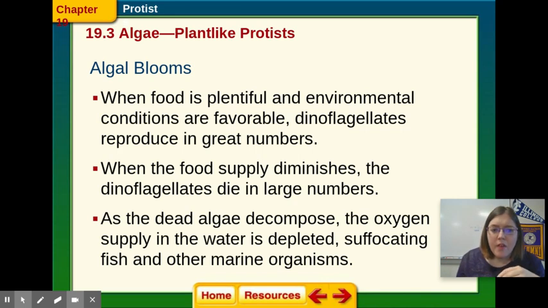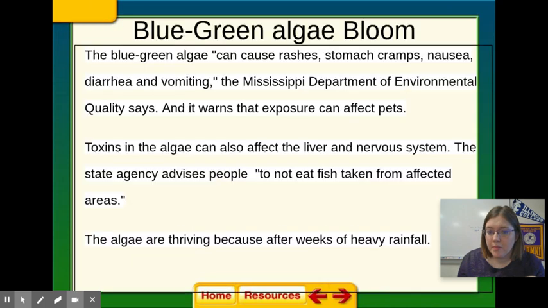And so really what happens is the food all of a sudden diminishes, or the conditions get too harsh, and all of a sudden a large number die. And so these dinoflagellates, or the algae, die. And so the oxygen in the water is actually depleted, and it's suffocating for the fish and other organisms around it. It's usually along the coastline or in the Mississippi River.